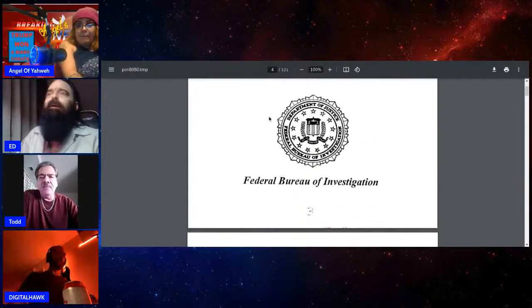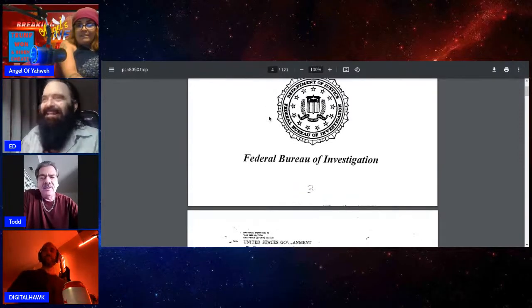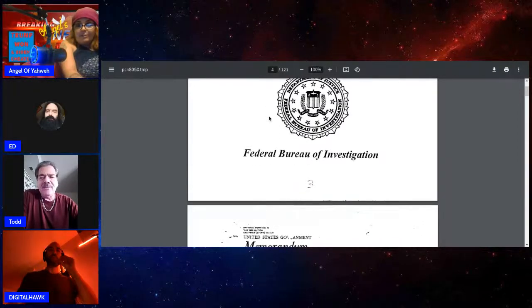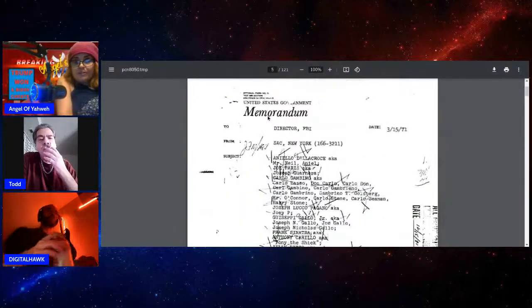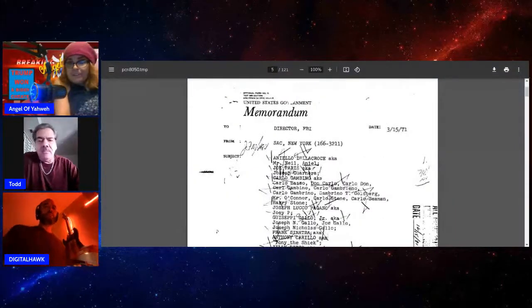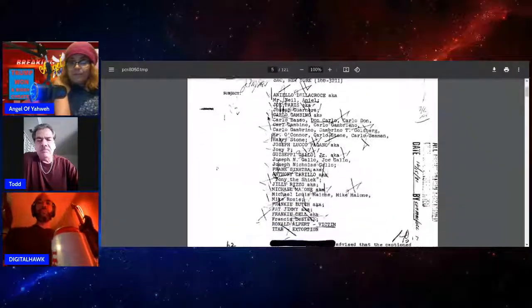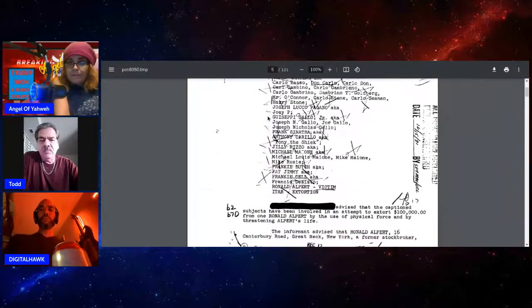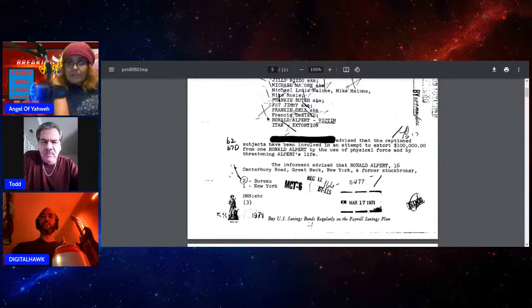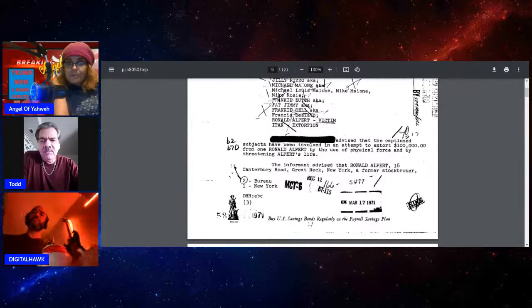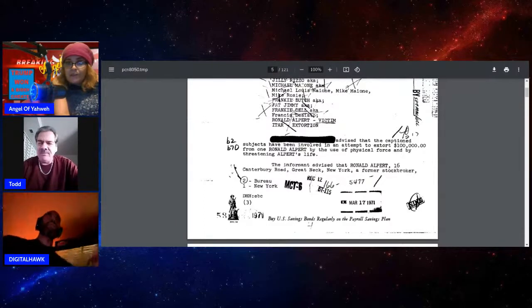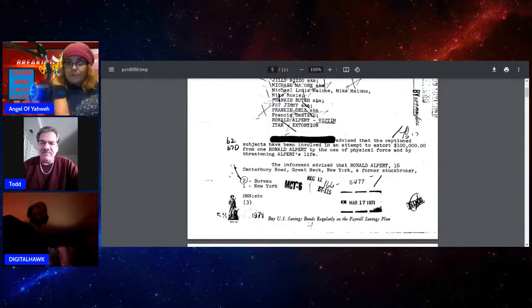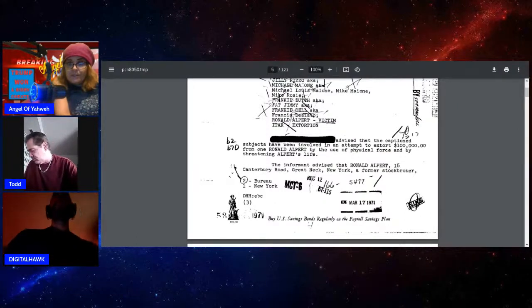Take care, sir. It says it's got the Sinatra number. It's got a memorandum to the director. This is from 1971. So the subject, they advised that the captioned subjects have been involved in an attempt to extort 100,000 from one Ronald Alpert for the use of physical force by threatening Alpert's life.